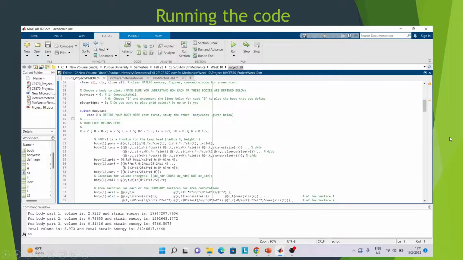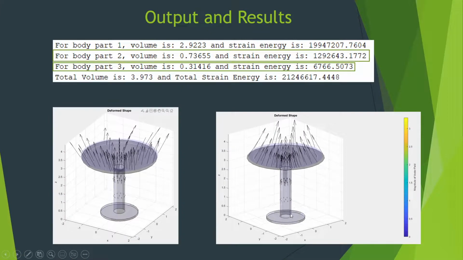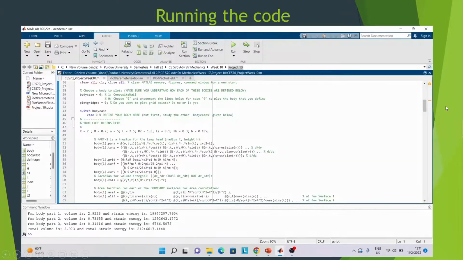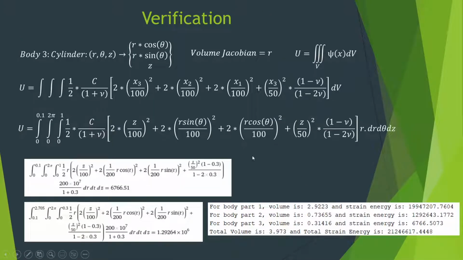So the body chosen for my verification is the third body, which is my base, which is a cylinder, and I have also verified the second body as well because the parameterization of both bodies is the same. So this is my third body's parameterization.